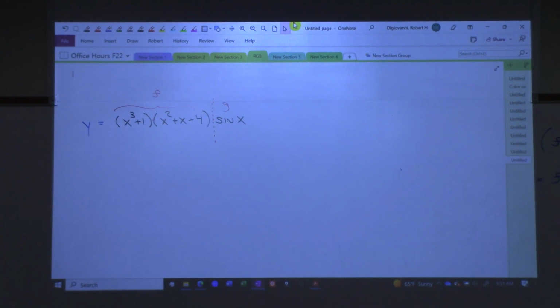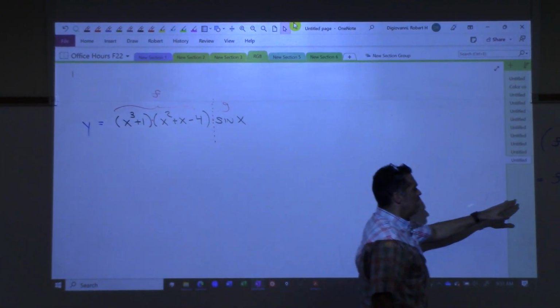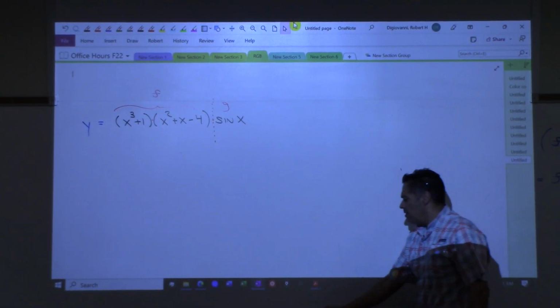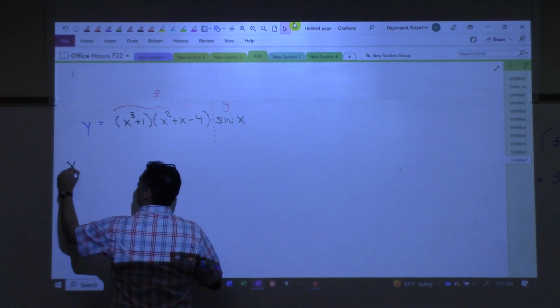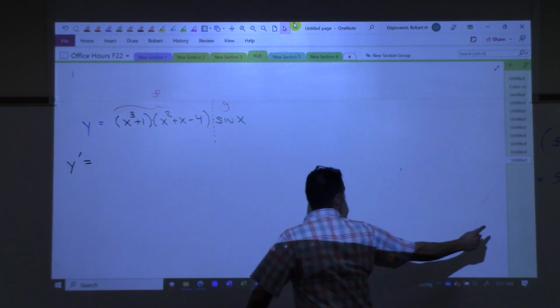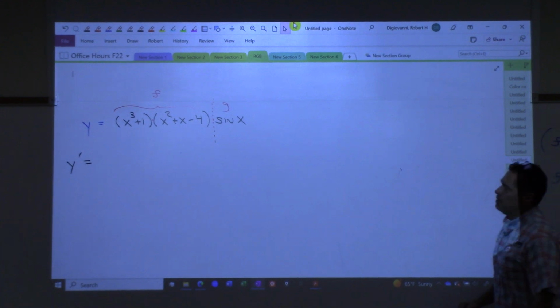So Alan, following that, and following the product rule, if all of this is F and that's G, tell me what I would write down in the next line. So the derivative of this would be, first thing we have to do, right, is take the derivative of F. And let's do it with the prime, right? Okay, so what would I write?